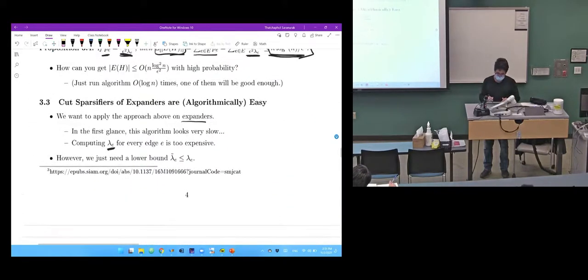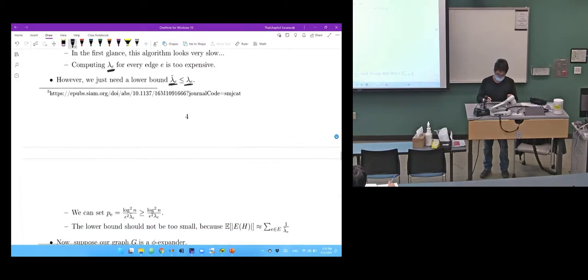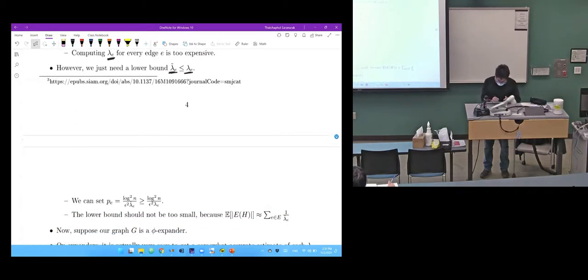So what we actually want is a lower bound of lambda_e. Let's say we get this tilde lambda_e for each edge. Suppose somehow that it's within a factor of 2 of lambda_e, then you can see that everything is fine.